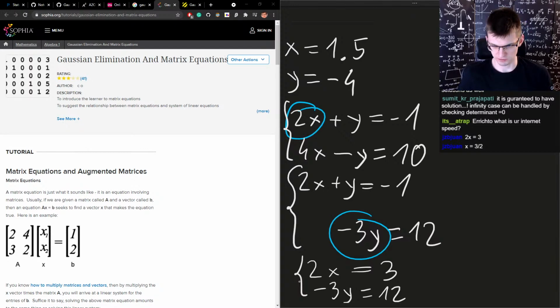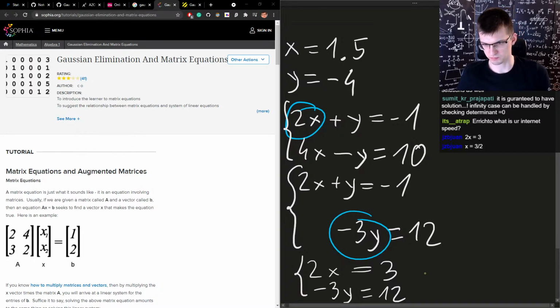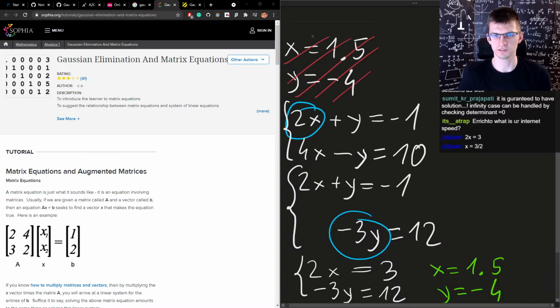We first talk about this example, and from this we get that x is 1.5, y is -4. Of course, this is hidden, they don't know it first. We just start with this, and then we eventually get to the solution in green.